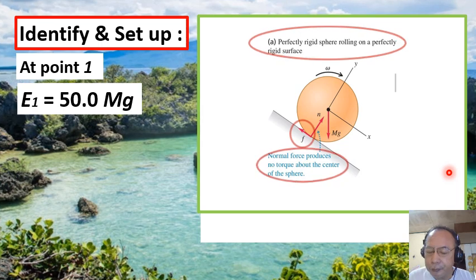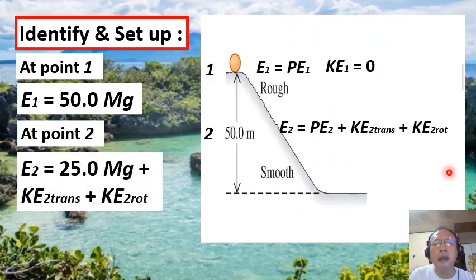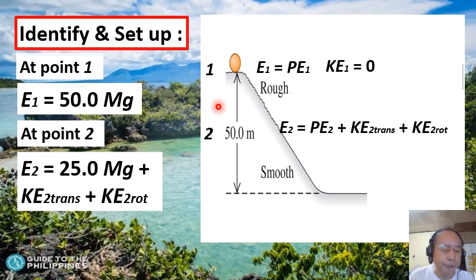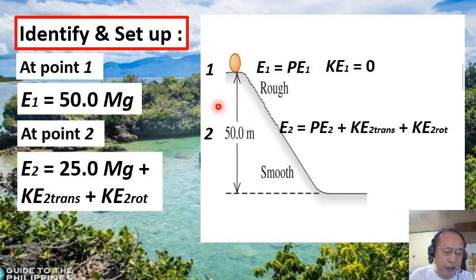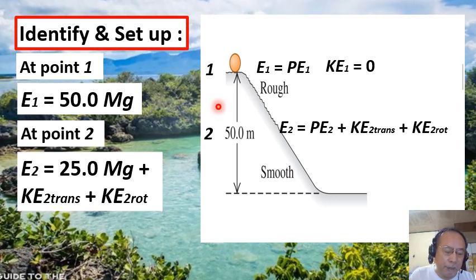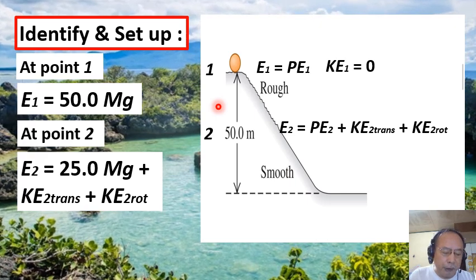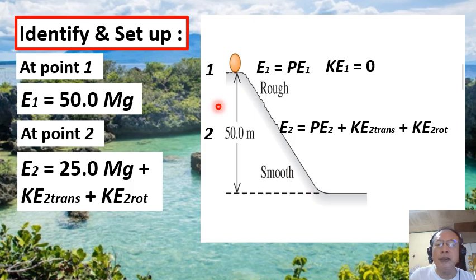Now, when it reaches point 2, which is a vertical displacement of 25.0 meters from the ground level, the potential energy has decreased to half its initial value.